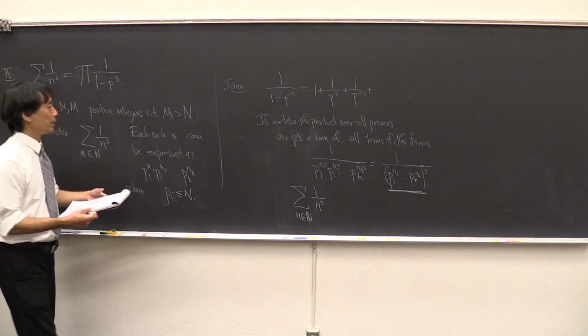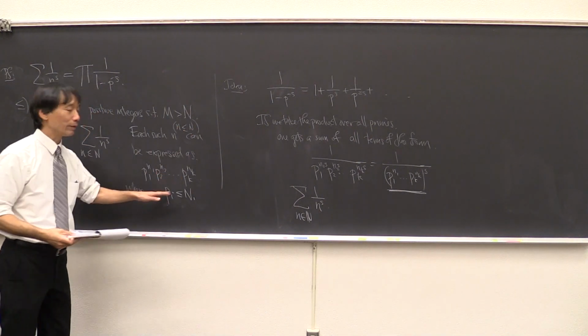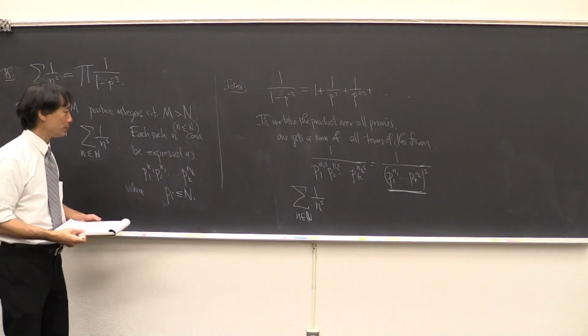Because n is less than or equal to N. So of course, the primes have to be less than or equal to N.